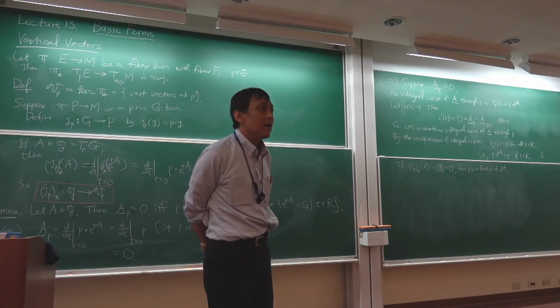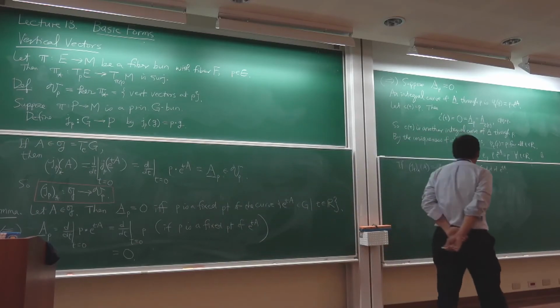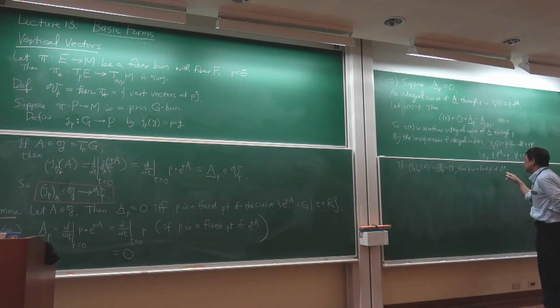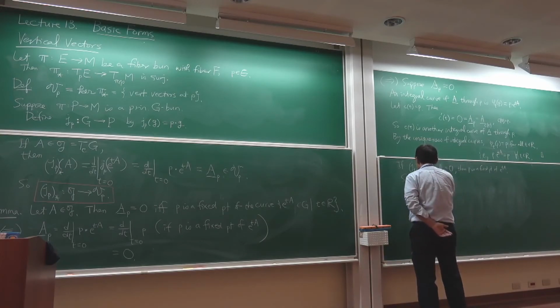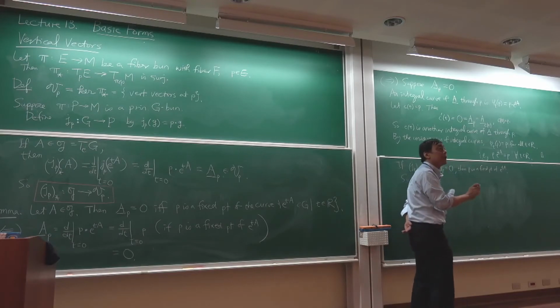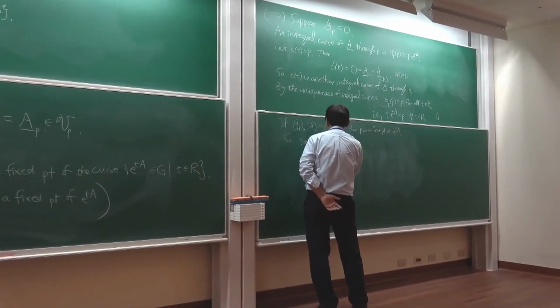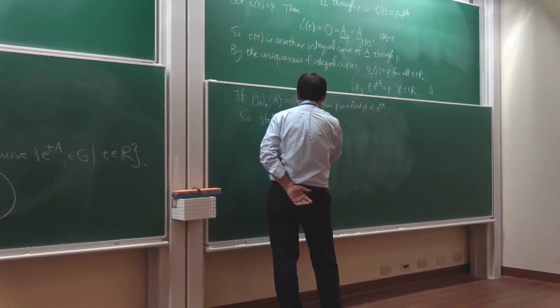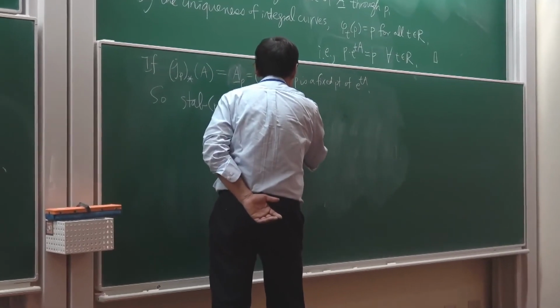Oh, right, yeah. So P is a fixed point of TA. That means the stabilizer of P includes e to the TA.